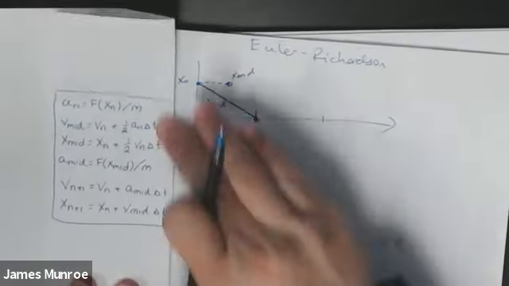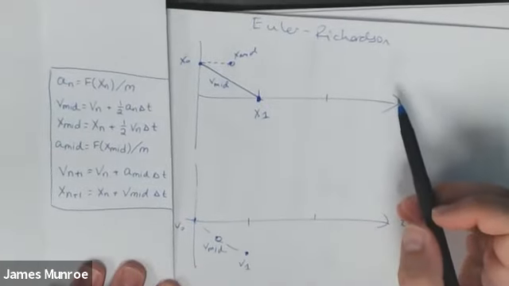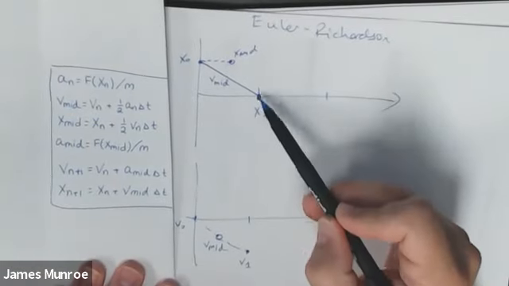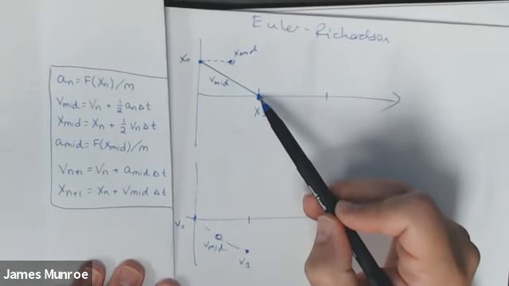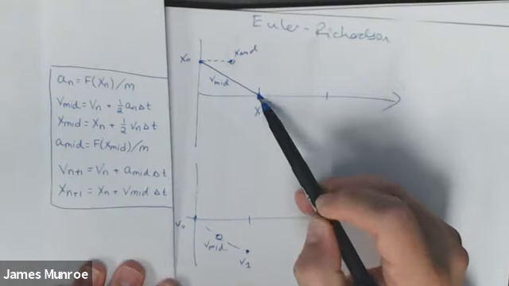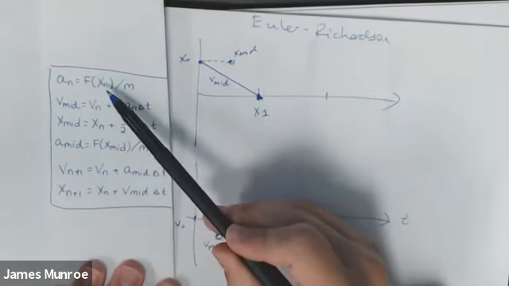Okay, let's do the next step in this process. To figure out how this algorithm is going to go to the next step, what we do is we use the acceleration right here. That is the acceleration based on the beginning of a time interval. Well, the acceleration right here is equal to 0. What do you mean by 0? Well, it's 0 because the force when there's no displacement is equal to 0.